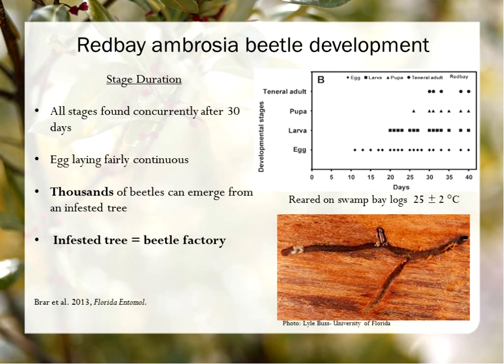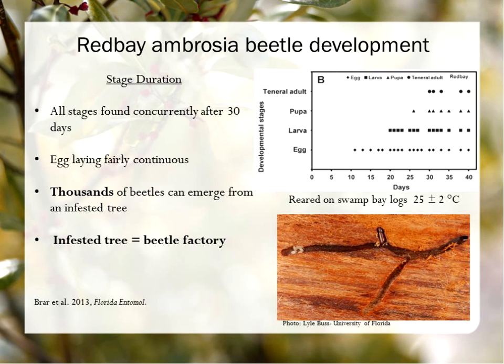Okay, about redbay ambrosia beetle development. Basically, the main point I'm trying to make is that an infested tree is essentially a beetle factory. You can get thousands and thousands of beetles emerging from an infested standing tree. After about 30 days, you can find all the different life stages of the beetle, from eggs to larvae to pupa to adults.